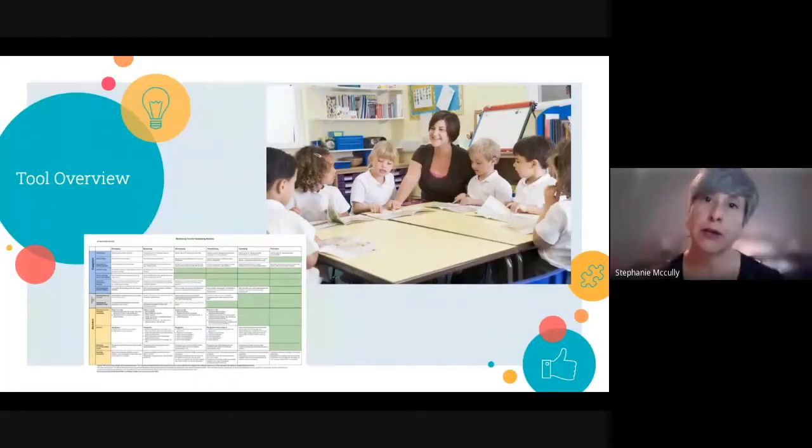So we see the monitoring tool for developing readers as a formative tool to support the teaching of reading. The tool is not designed to be used as a rubric, and so there's no grades or grade levels attributed, and you can see that we did that intentionally. Formative assessment is about tracking student progress over time. So you want to use a variety of different sources to gain knowledge about a student's progress in reading.